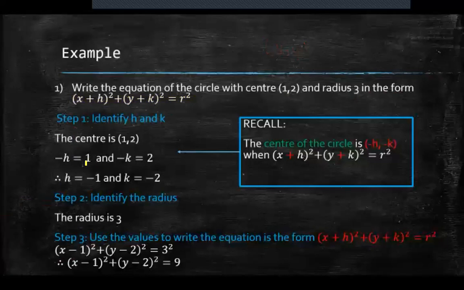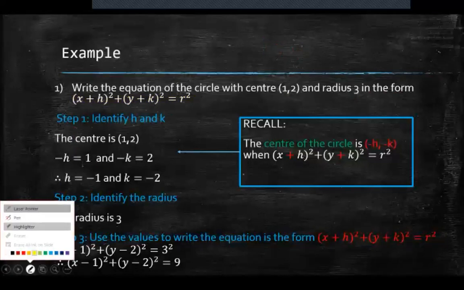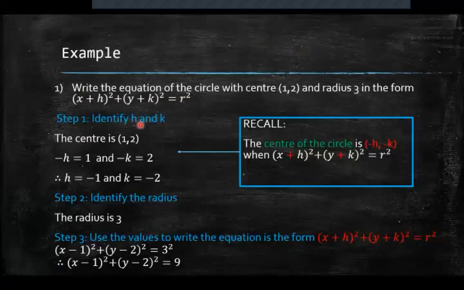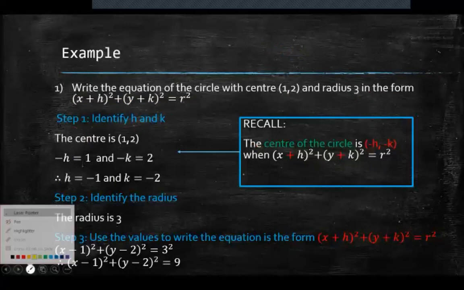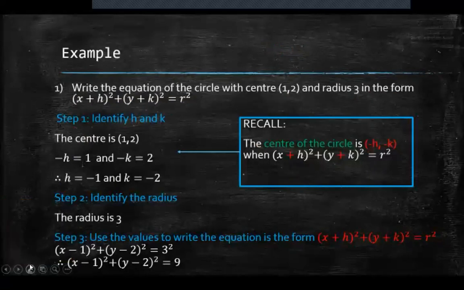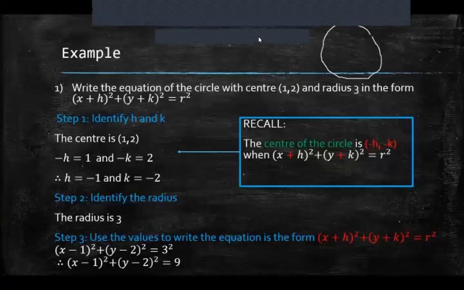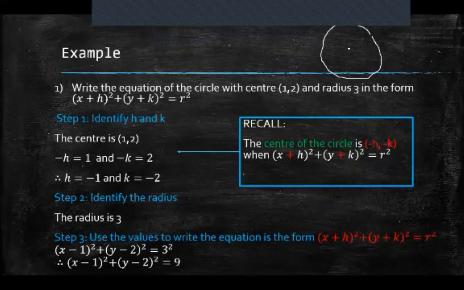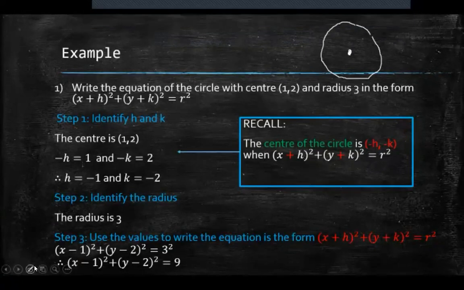Let's erase that. First thing you want to do, you want to identify h and k. So like I said, let me draw the circle for you to show you what that would look like. So say this is my circle. This is my center, the center of my circle.